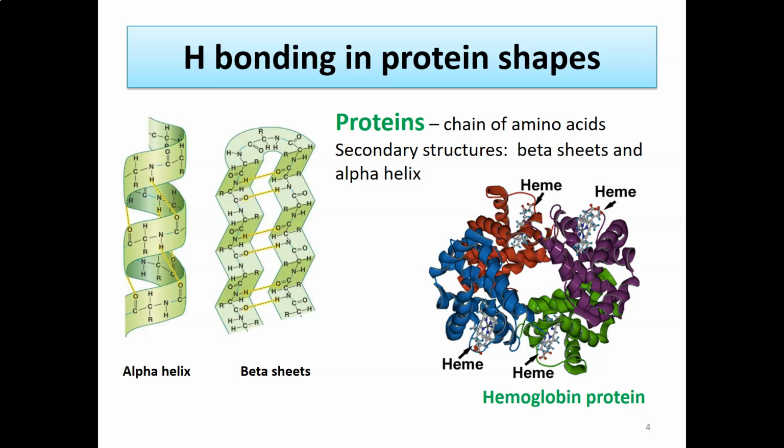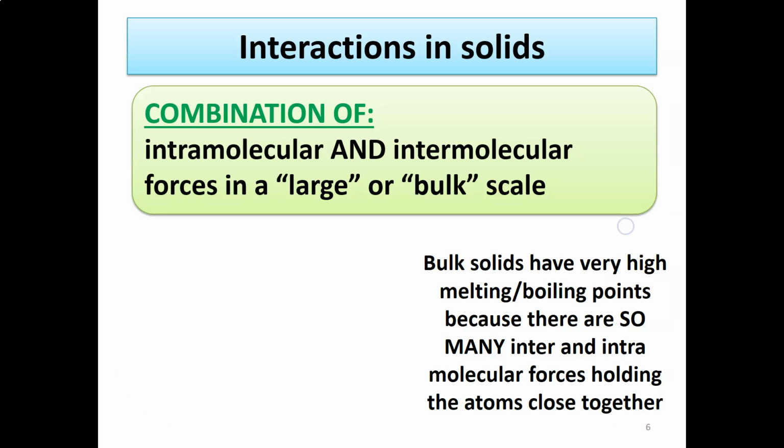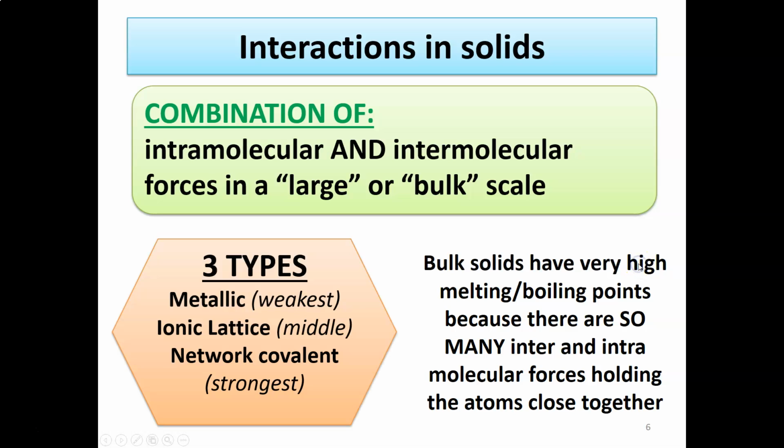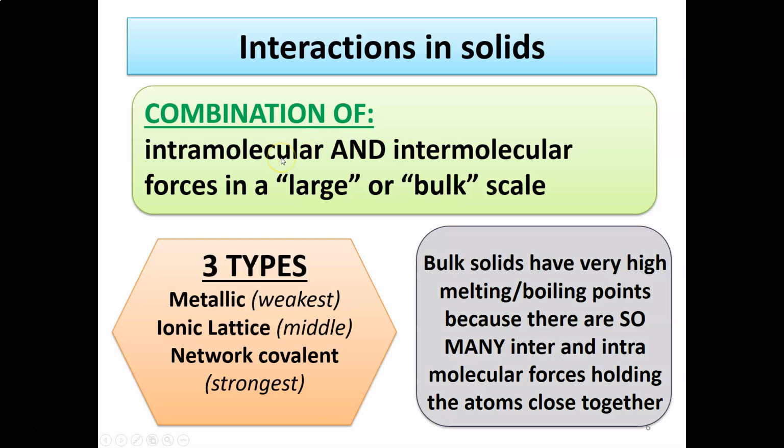All right, moving on, we're going to learn about bulk solids. Bulk solids is what happens when you start getting an overwhelming combination of things. You're going to start getting a combination of intramolecular and intermolecular forces on a really big scale. And instead of saying a large scale or a big scale, we just use the word bulk.